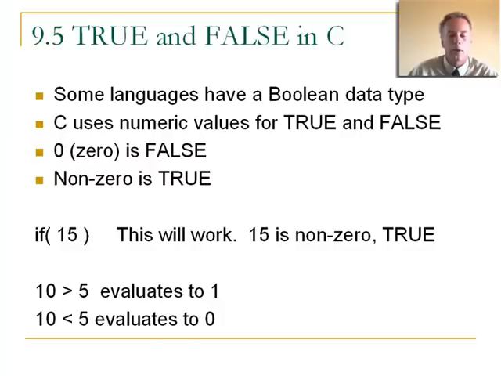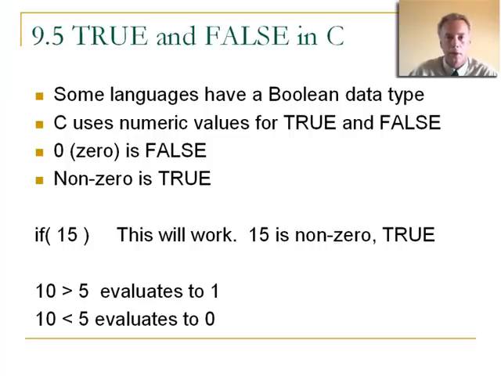Okay, this is a little bit of a tricky point in C. When C evaluates a relational operator and it decides true or false, it will evaluate to 0 or 1. For example, if we said if 10 is greater than 5, what does the 10 greater than 5 evaluate to? Well, up until now, we've just been saying 10 is greater than 5, that's true.